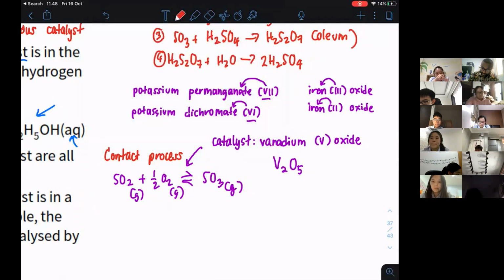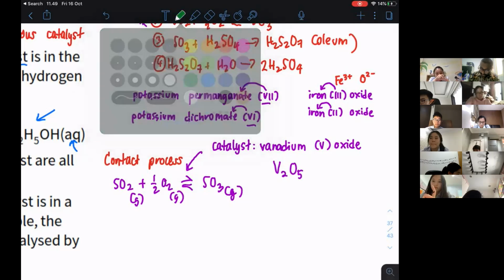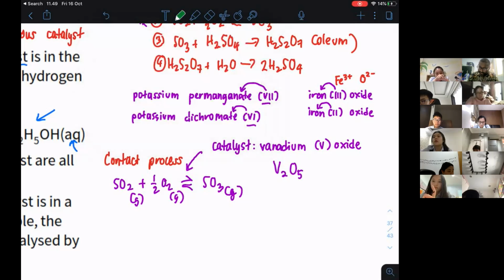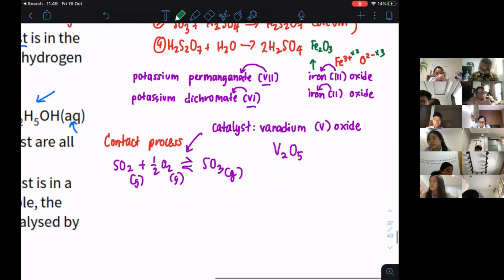So Fe3+ and O2-. To write the chemical formula, this one times by 2, times 3. So this will be Fe2O3. And if you have iron 2 oxide, it's Fe2+ and O2-, both of them are the same. So it's FeO. That is for iron 2 oxide.